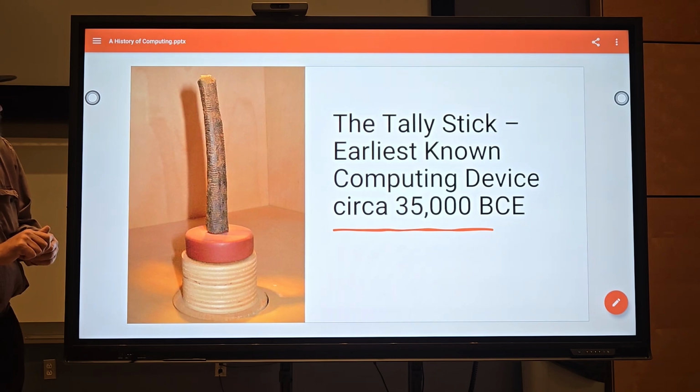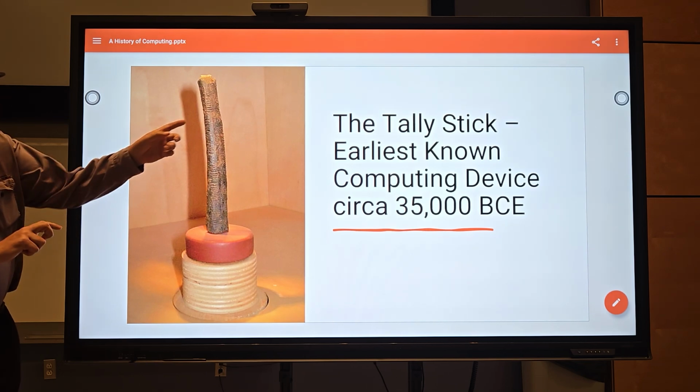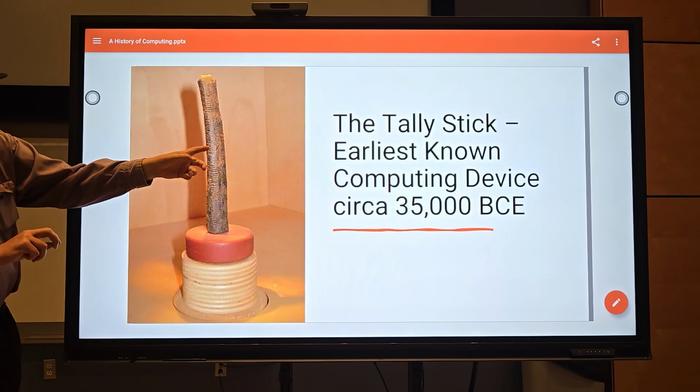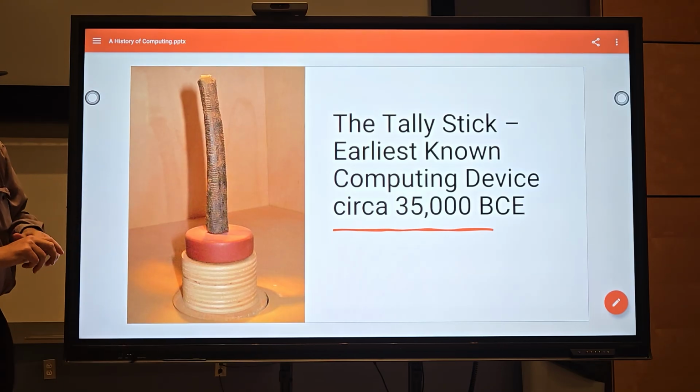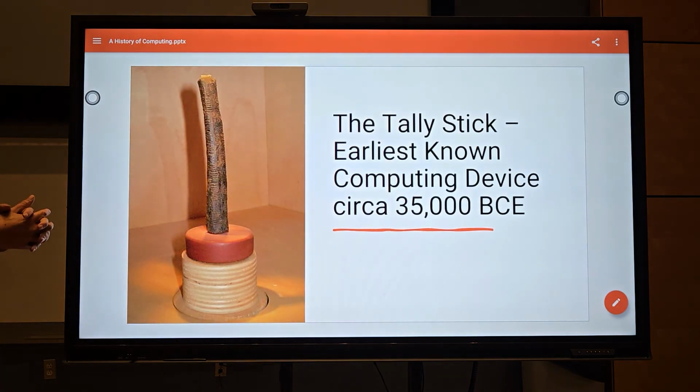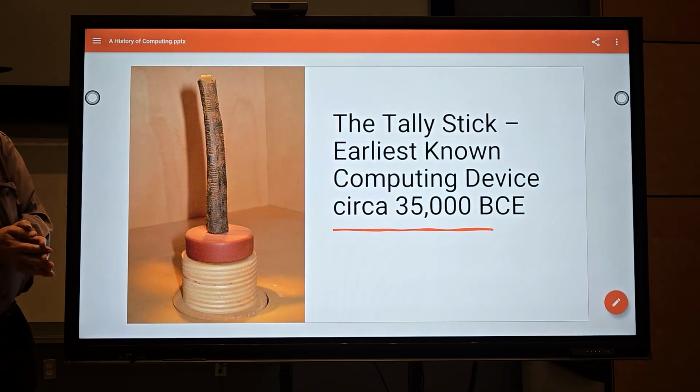It's basically marks made into, in this case, a baboon femur to count things.